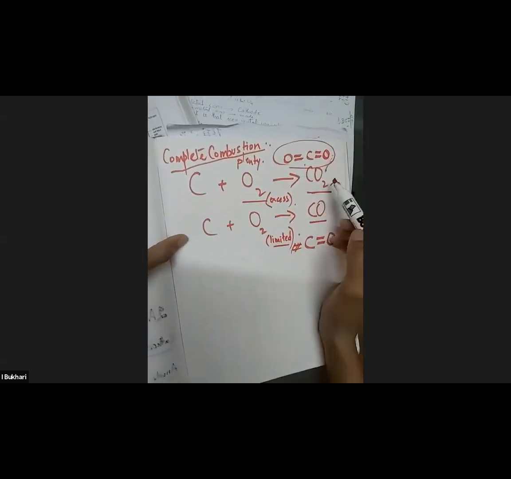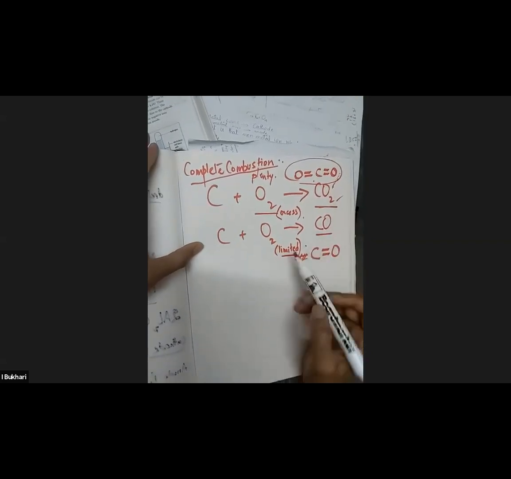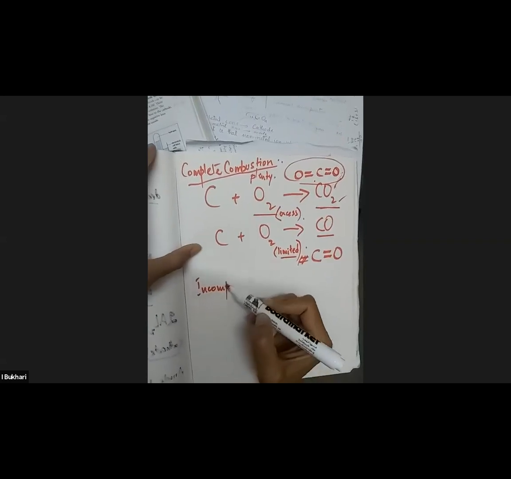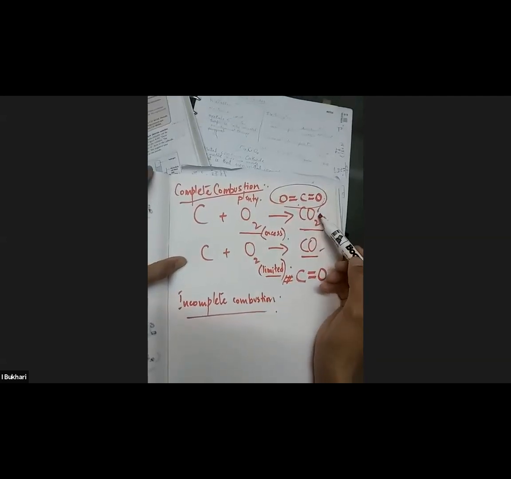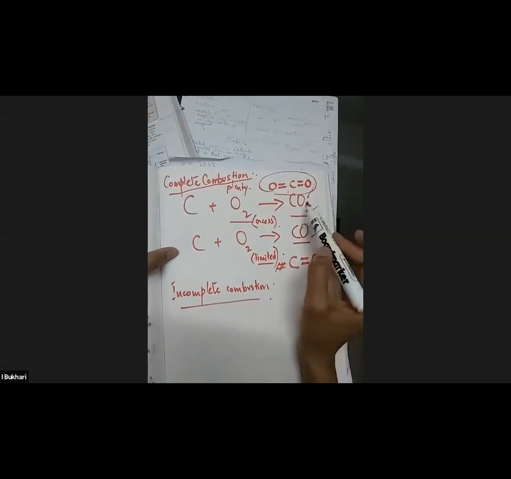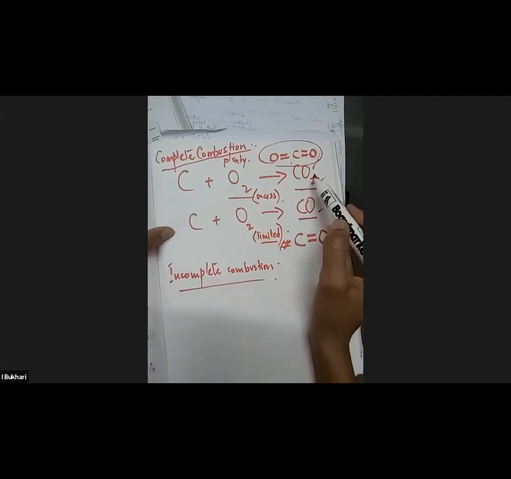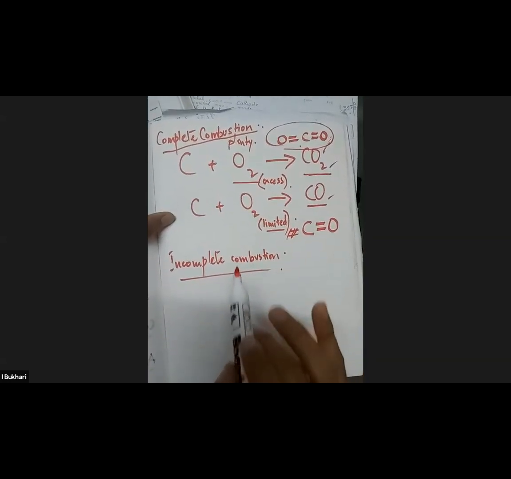When you have excess oxygen, you will get complete combustion, carbon dioxide. If the oxygen is limited, that's when you get incomplete combustion. Incomplete combustion means that a poisonous gas, carbon monoxide, will be produced. Complete combustion means that carbon dioxide, which is a completely harmless gas, will be produced. That is why incomplete combustion is not good.